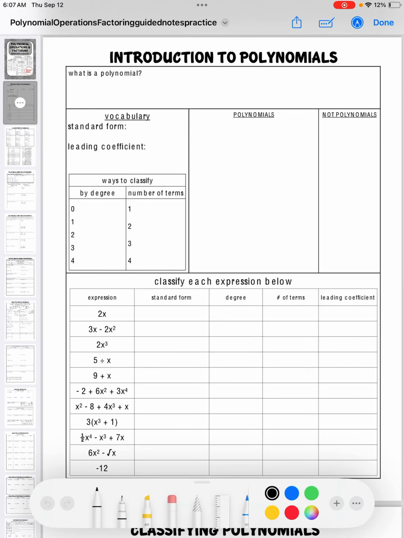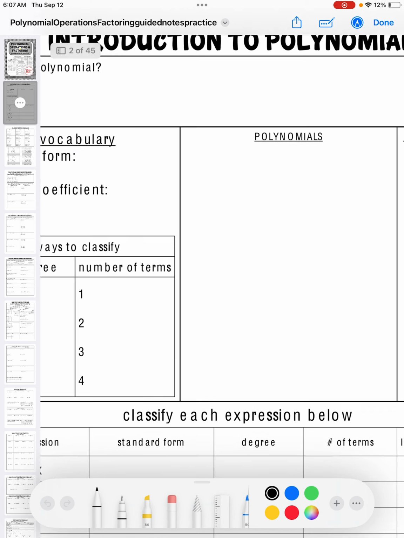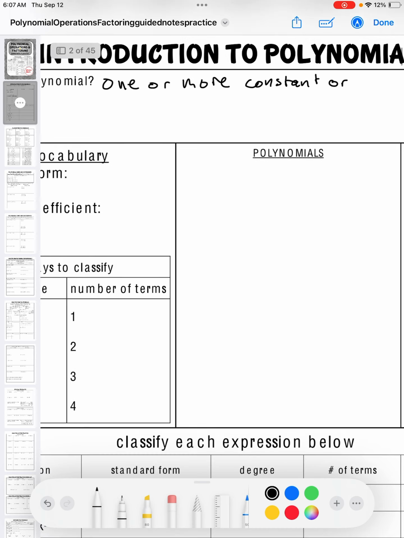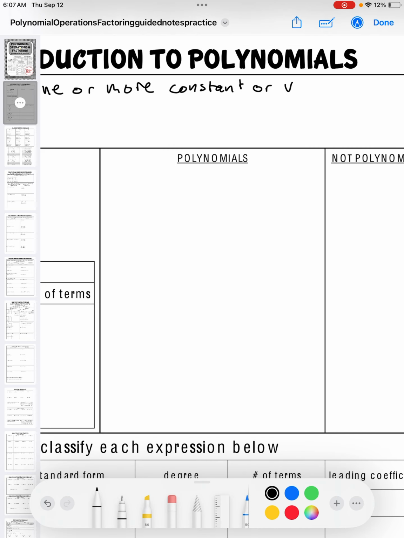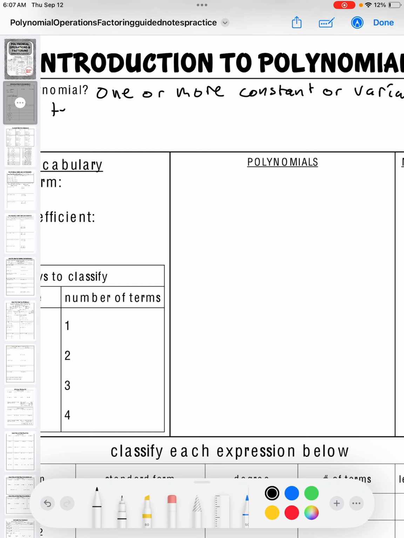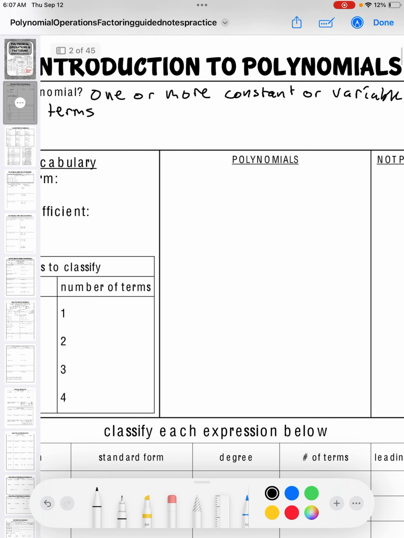Okay, this is an introduction to polynomials. A polynomial is anything that is one or more constant or variable terms.